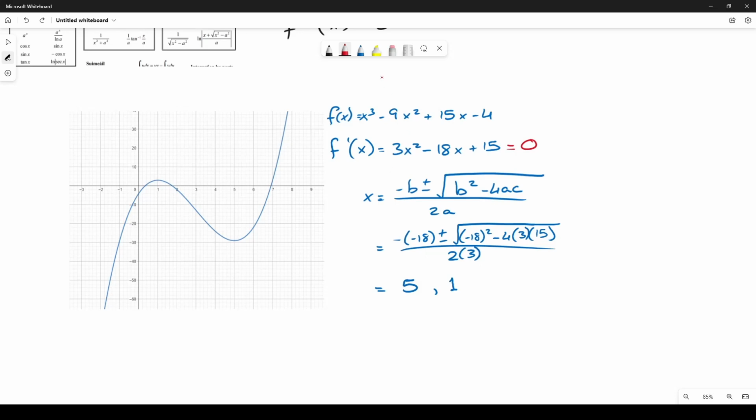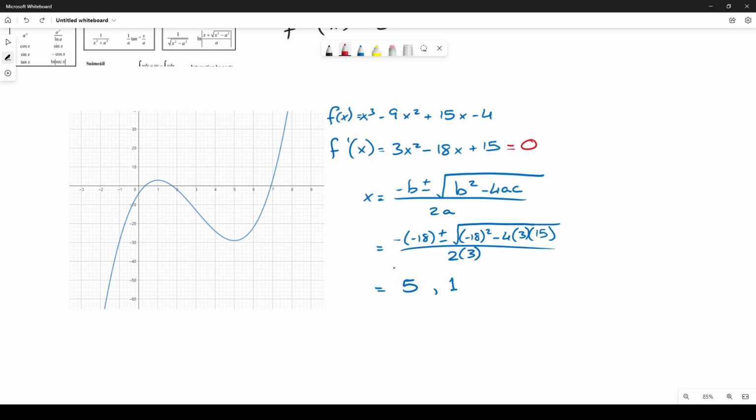We'll talk about that. If you want to find the y value for the max and the min, as in what height these two points are at, you take these guys and sub them back into the original. If you sub 1 in, for example, what would you get? Oh, hold on.